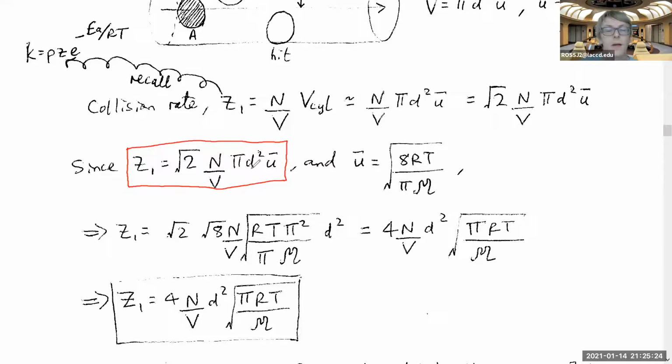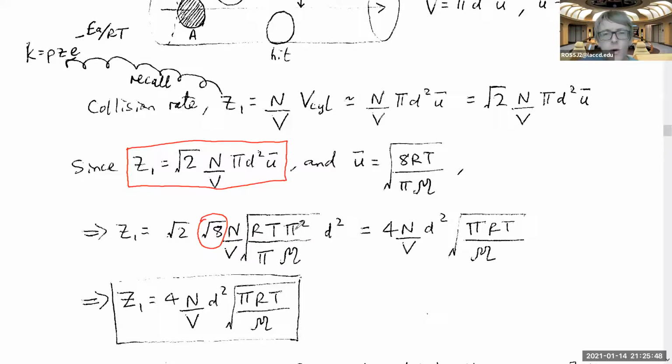So this root 2, we know where that came from. This root 8 here, we just take this root 8 out. So to get rid of it, what else do we have? We've got a pi squared here.